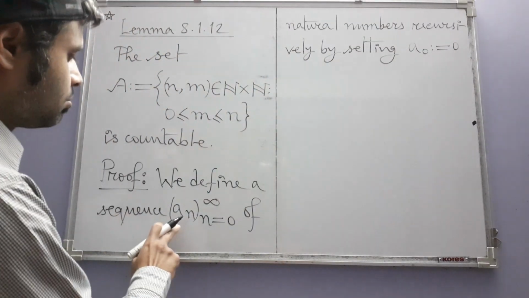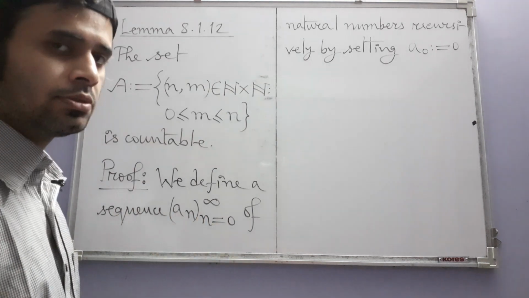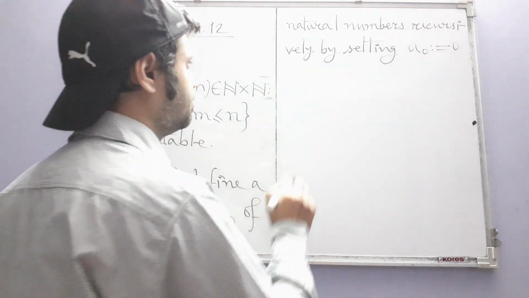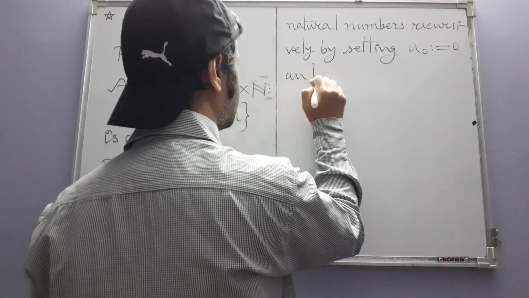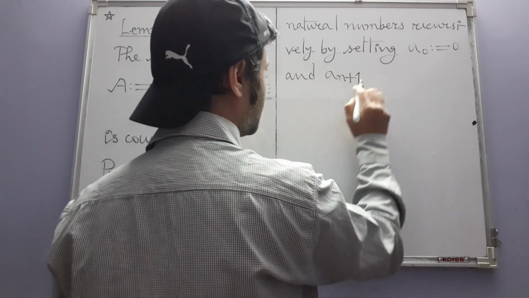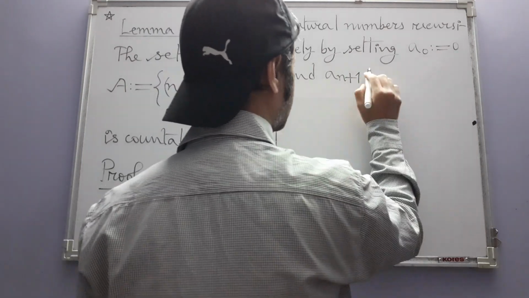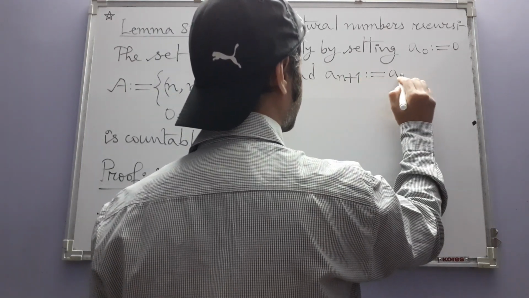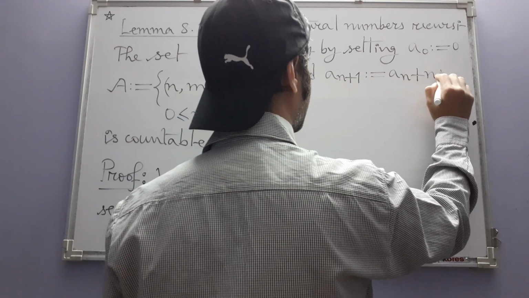So the first term we are defining to be equal to 0, and the (n+1)th term, a_{n+1}, is defined to be equal to a_n plus n plus 1.